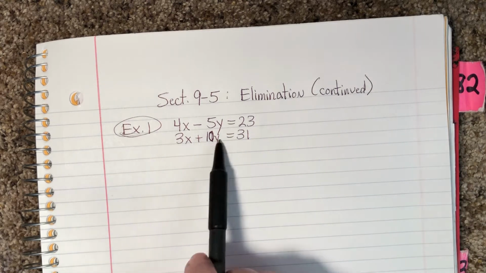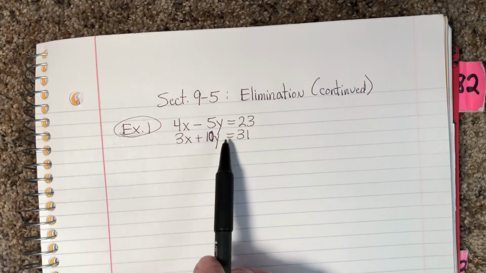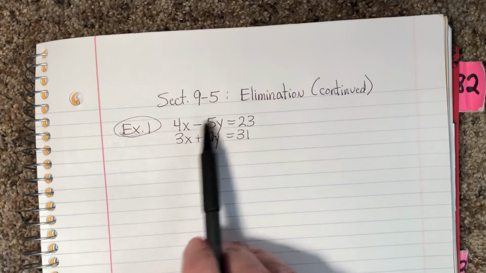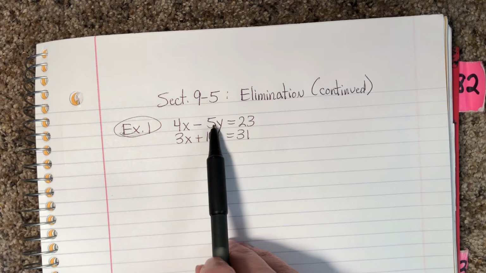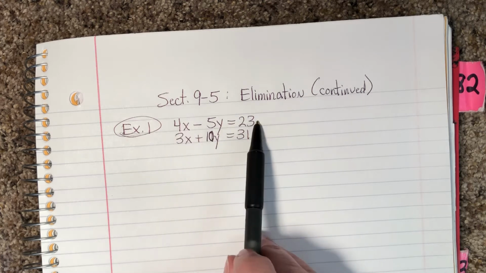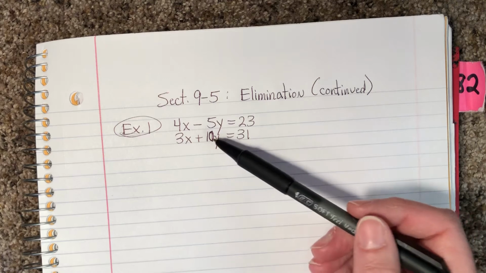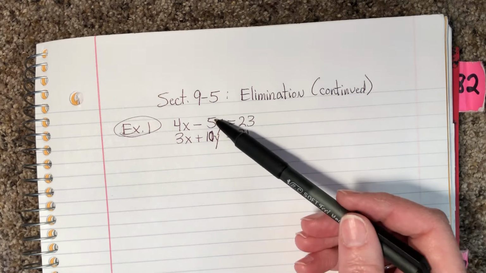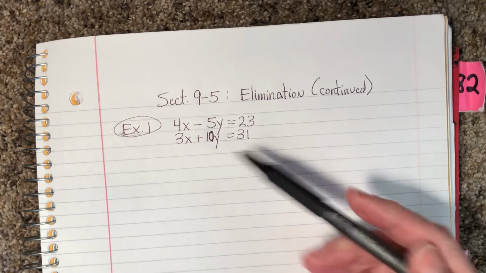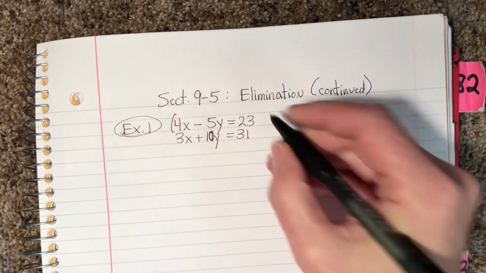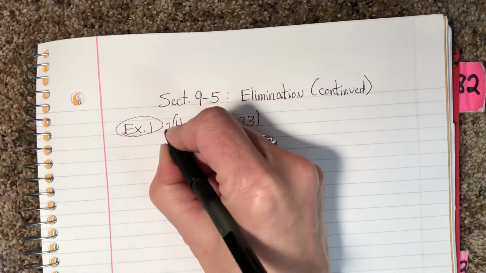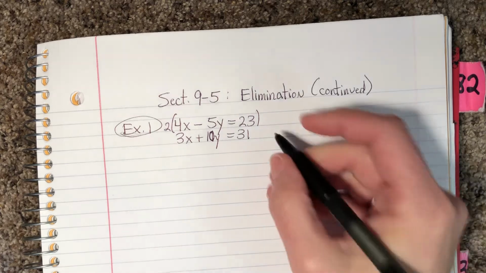But I'm going to look for the one that, for example, on the y's, if I were to multiply the top equation by a 2, I would get a -10y here, and then I would have a +10y here. Then I could add the two equations. So I'm going to multiply the top equation by 2.